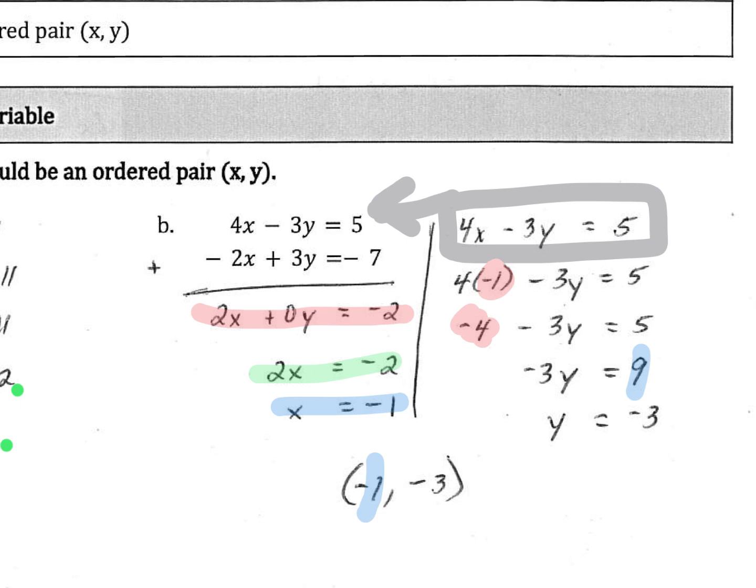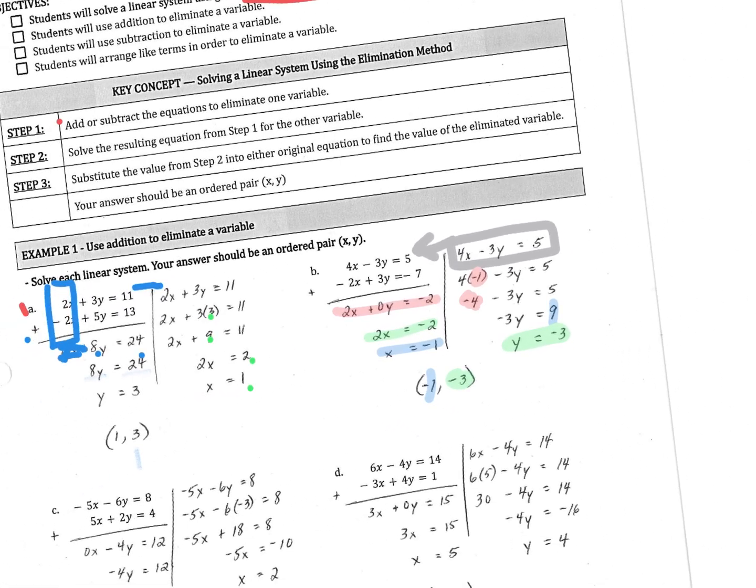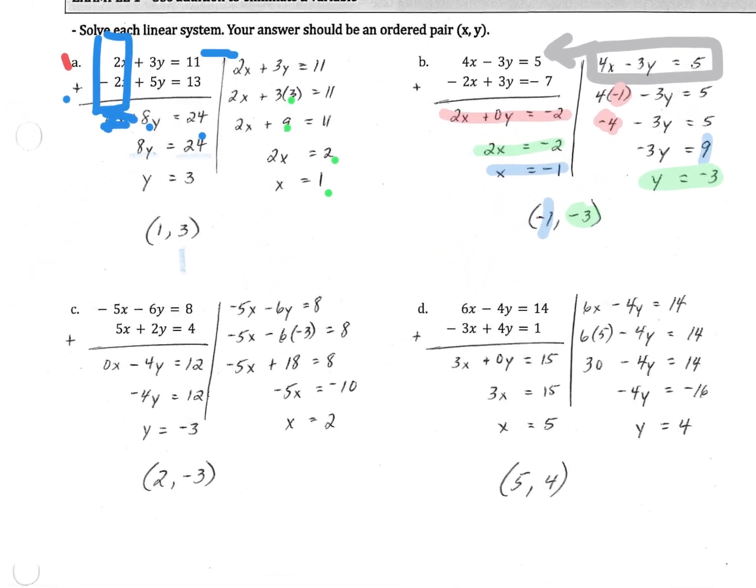My last step is I divide both sides by negative 3, and that gives us our answer of y equals negative 3. So there's the y part of our answer. So remember, we used graphing, we used substitution. This method is called elimination. Let's go to a few more of our examples on this front side.